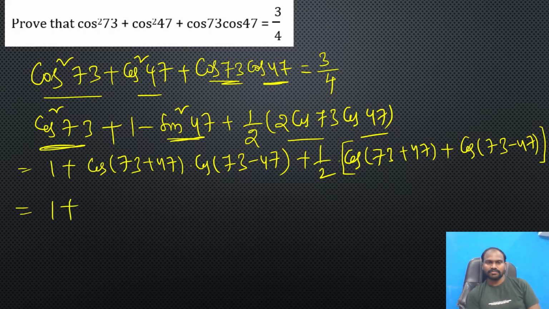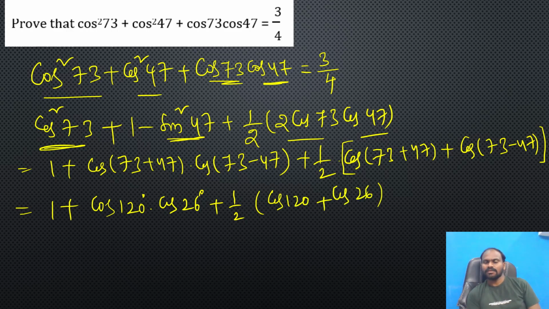1 plus cos 120 and cos 26, and 1 by 2 into cos 120 plus cos 26. So what is the cos 120 value, sir? See, we discussed the signs of trigonometric ratios, and also 120 can be written as what? 90 plus 30. Oh sir, 180 minus 60.